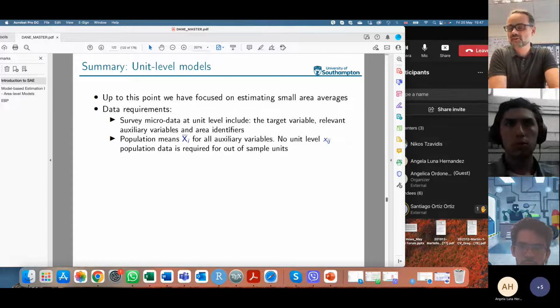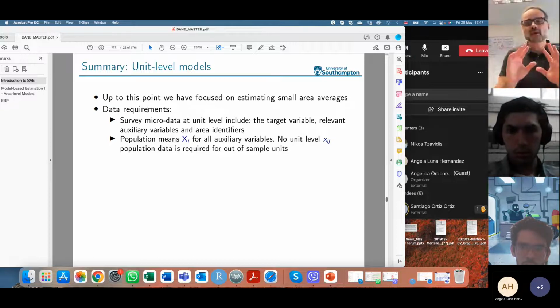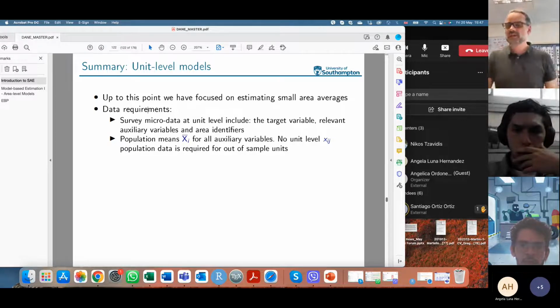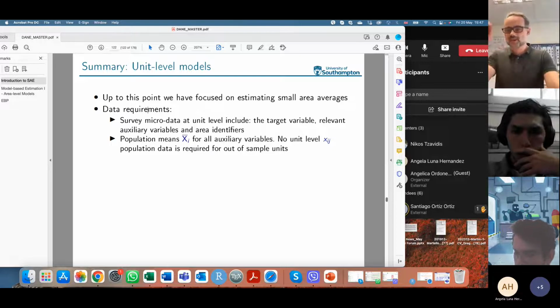For the out of sample units, you don't need to know the exact X's in the population, purely because of what we are estimating here. As Angela said, these are linear statistics, and effectively you can replace the summation of the xij's by x bar.